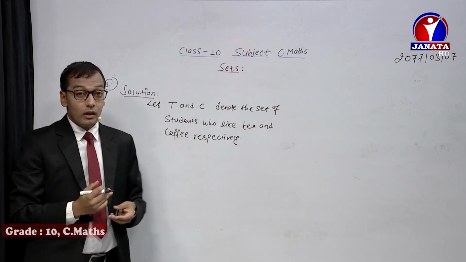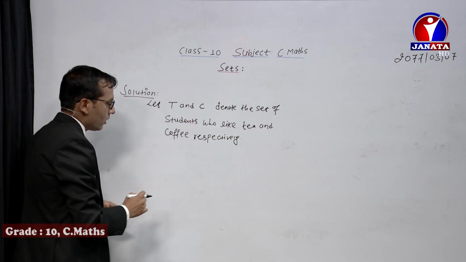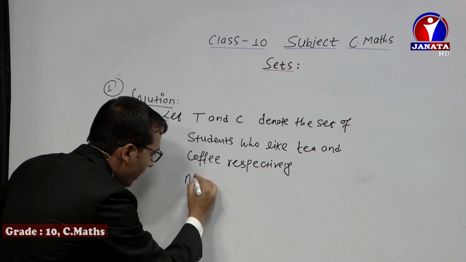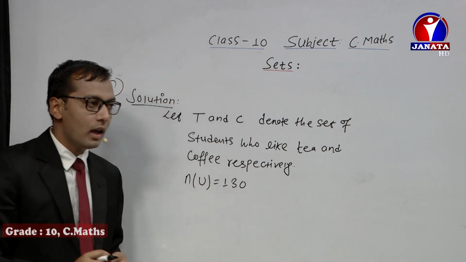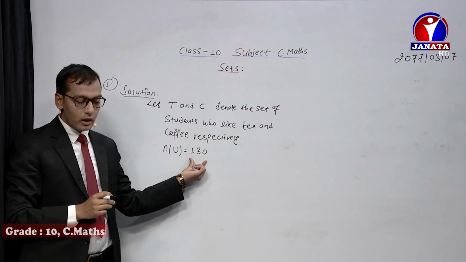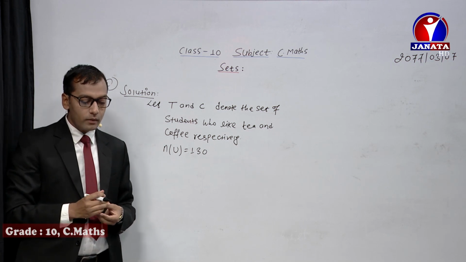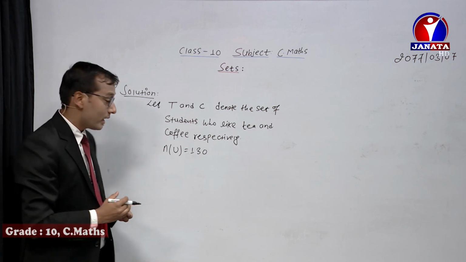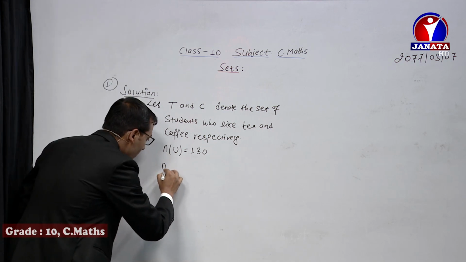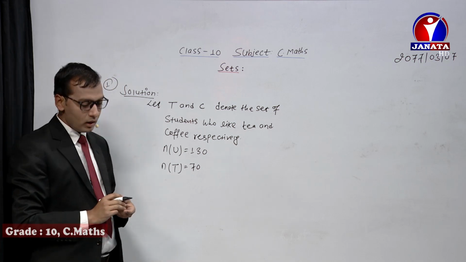Okay, now let's write what the total number of students in the class is. Here we have n of U is 130, because there are 130 students in the class. Out of 130 students, 70 students like tea, so n of T is 70.